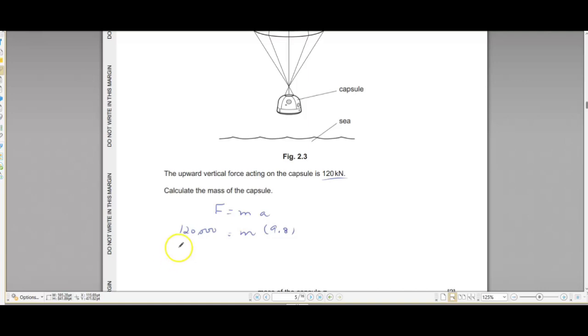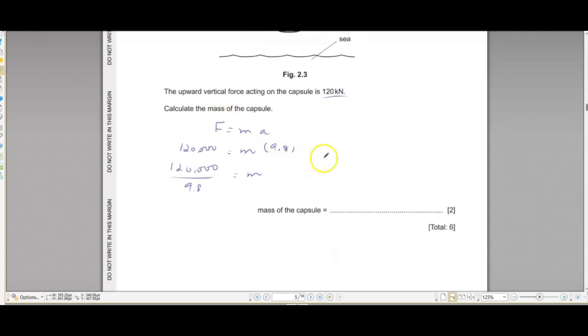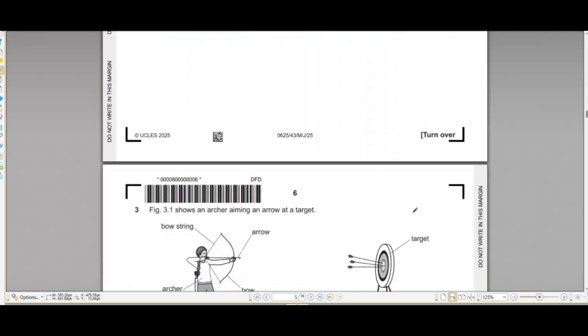So after we divide this by 9.8, we will get a mass of 12,000 kg. So the mass of the capsule is 12,000 kg. It's a fairly simple question.